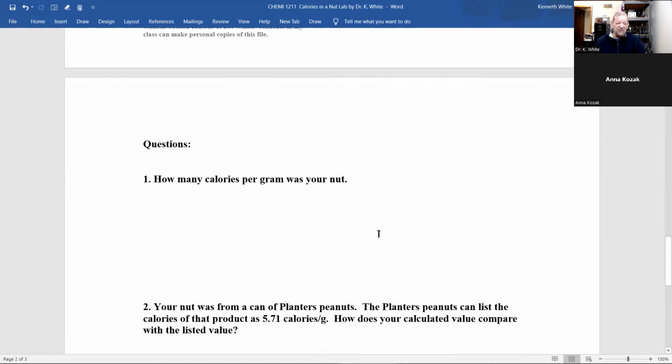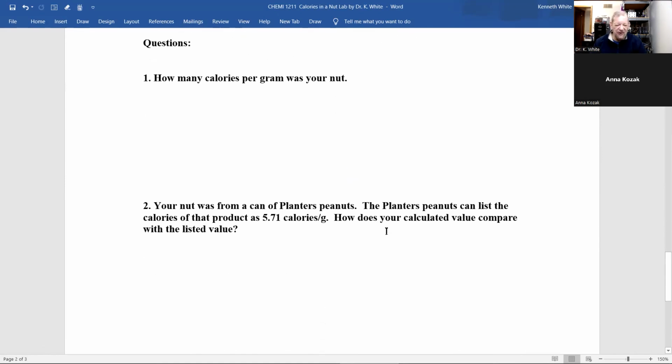And I have some questions for you to answer. And here, we actually did this in real life before at ECC, before we switched from peanuts to corn chips. Both burn real good. The first time I did this lab, I was shocked how big the flame was coming from peanuts.